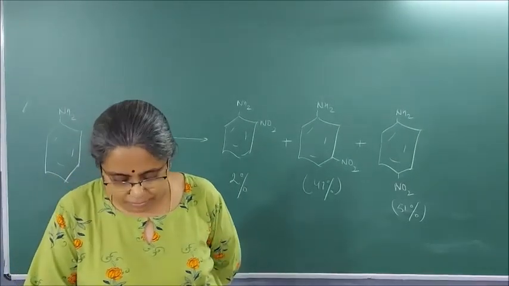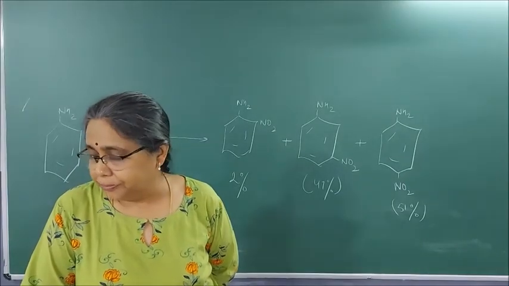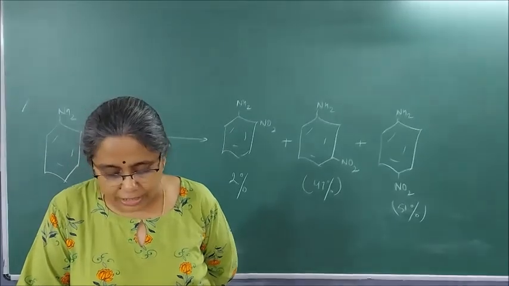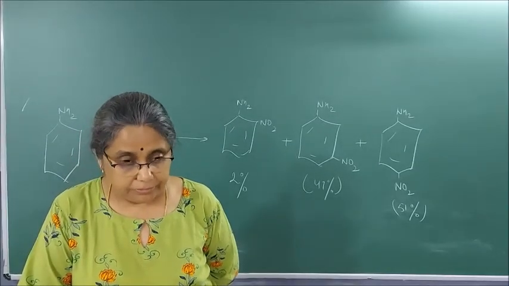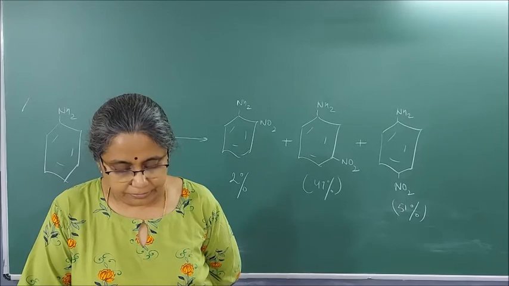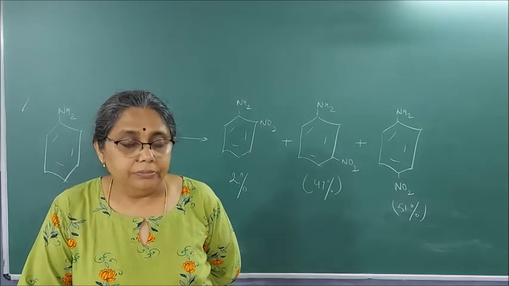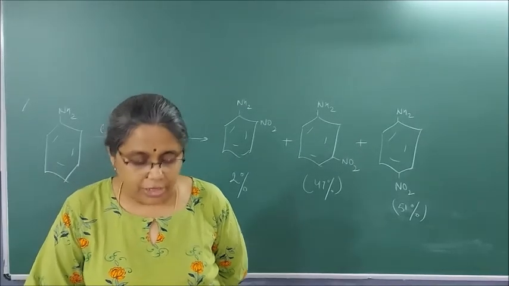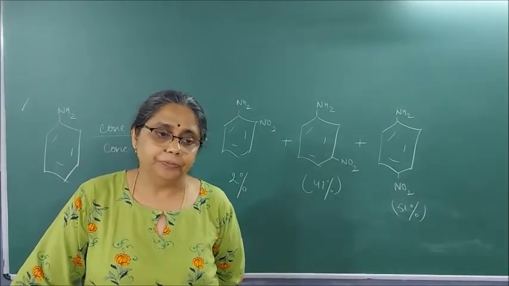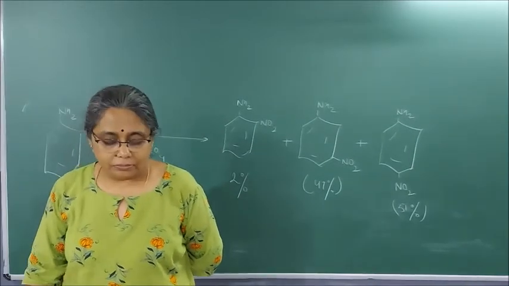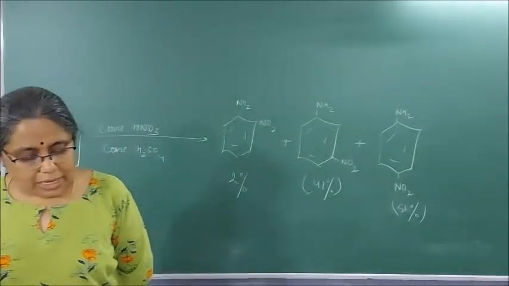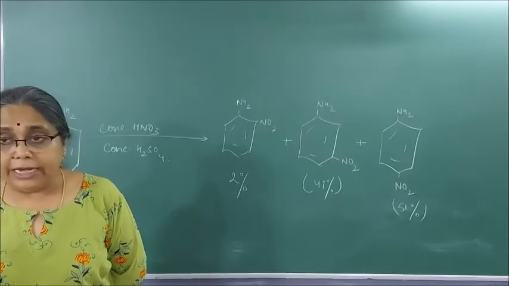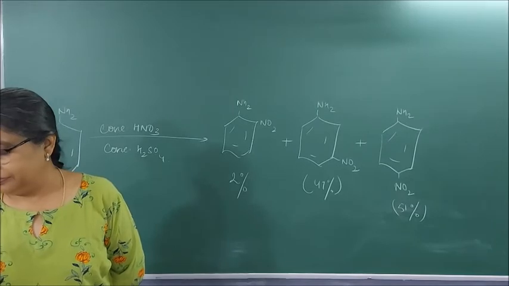Although the NH2 group is an ortho-para-directing group, then why is meta-nitroaniline formed on nitration of aniline?